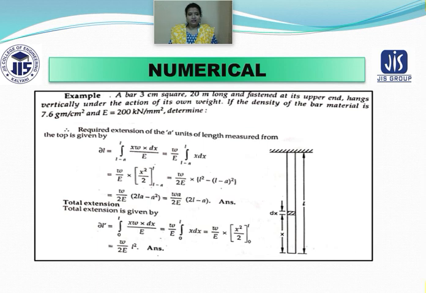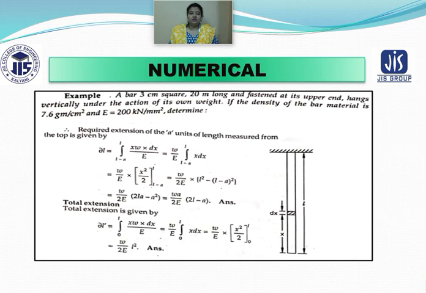Then, with the modulus of elasticity, when you integrate from 0 to L, it is W by E times the integral from 0 to L of x into dx, and finally you get the answer W into L square by 2 into E.